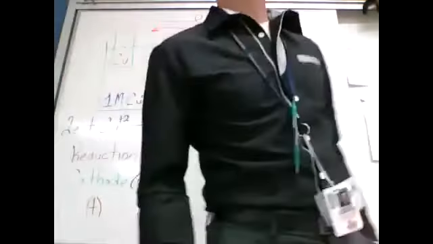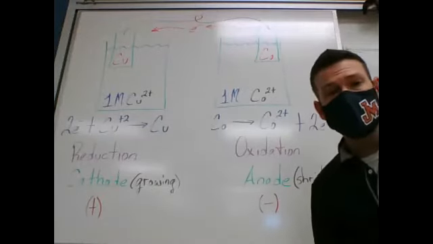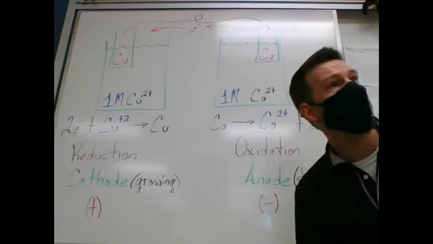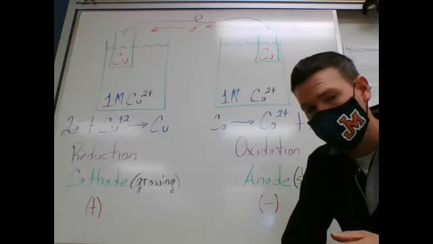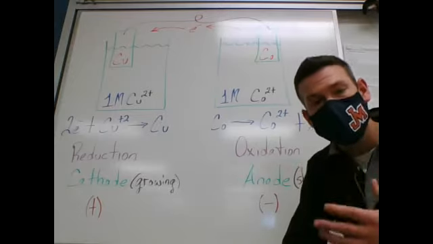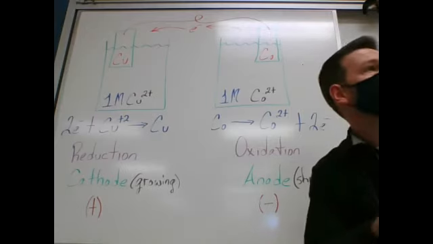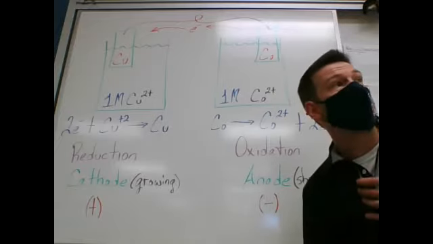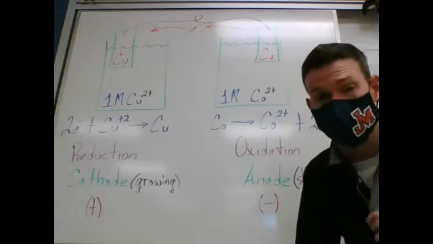Another real important thing, especially for us in the lab setting, is going to be color changes in the half cells. Because if you set up this apparatus, the very first thing you'll be able to notice as the reaction progresses is color changes in each half cell. If you look on the very last slide of your notes, you'll see that I provided you with common colors of some ions in solution.